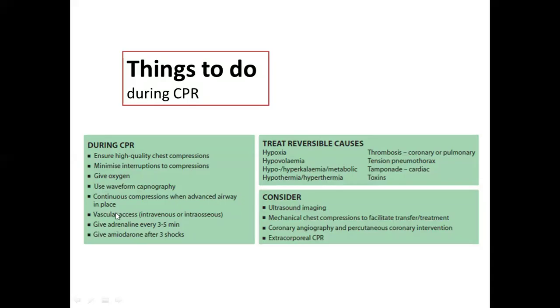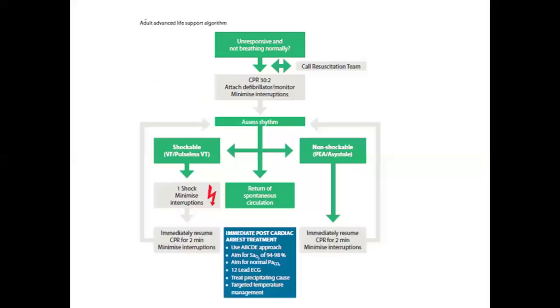And yes, we should put in good vascular access, and adrenaline every 3 to 5 minutes, and amiodarone after the third shock. So this may be new to you. I'm going back to the previous algorithm. Where should you give adrenaline?